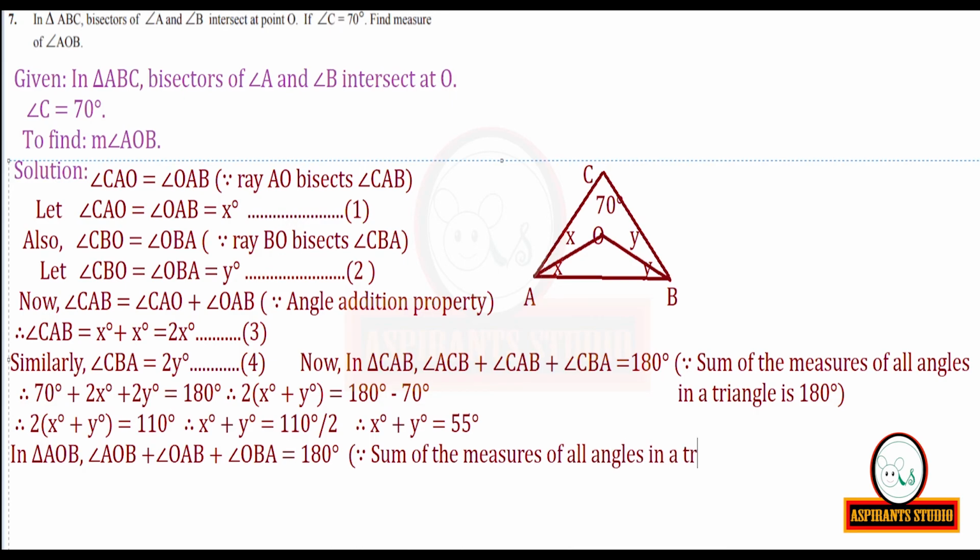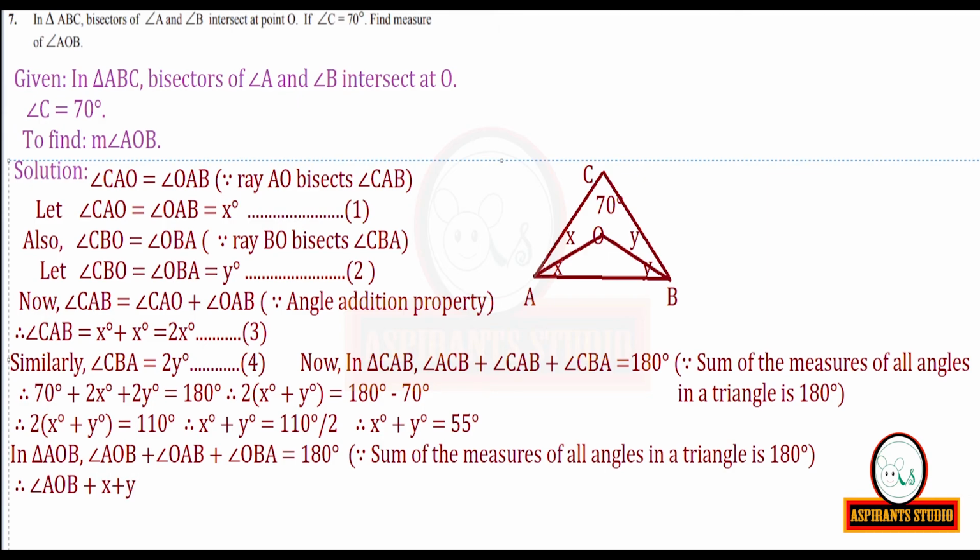Since sum of the measures of all angles in a triangle is 180 degrees. Now look at equations 1 and 2. From the equations you can substitute the value of angle OAB as well as angle OBA. Measure of angle OAB is equal to x and measure of angle OBA is equal to y.